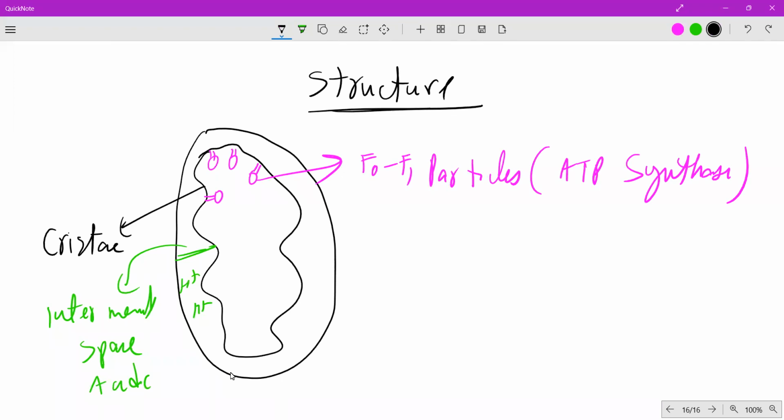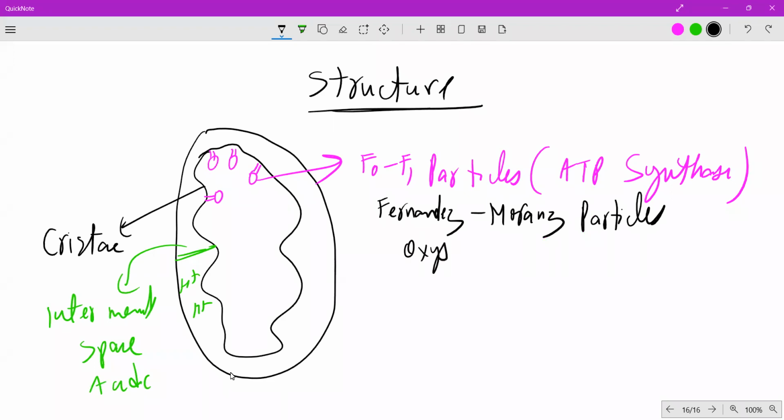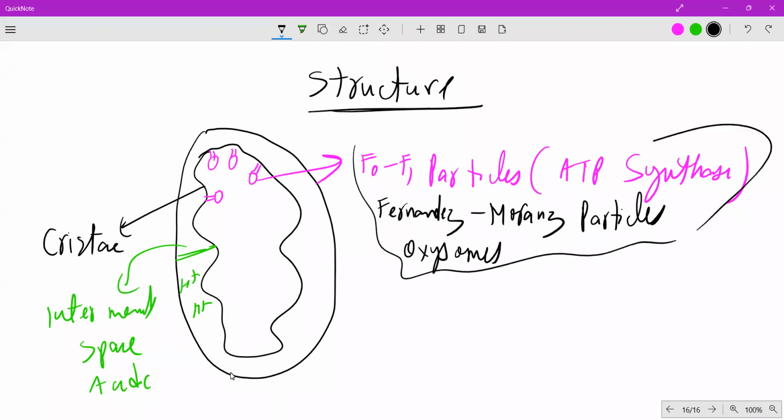Sometimes we call them Fernandez-Moran particles, or we can call them oxysomes.